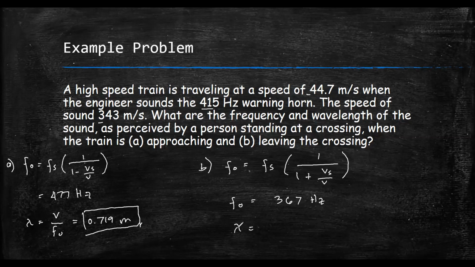Therefore, the wavelength heard by the observer as the train is leaving the crossing is equal to 0.935 meter.